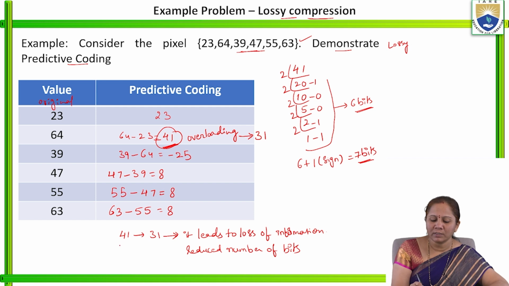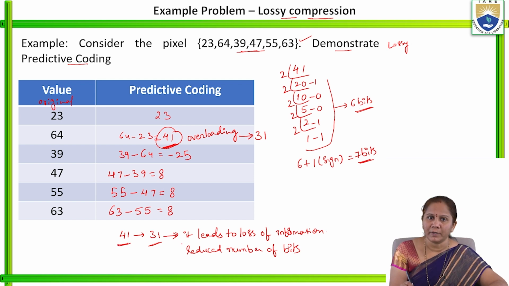We have reduced the pixel value 41 into 31. So here lossy compression has happened. That means loss of information is being done due to the concept of overloading.